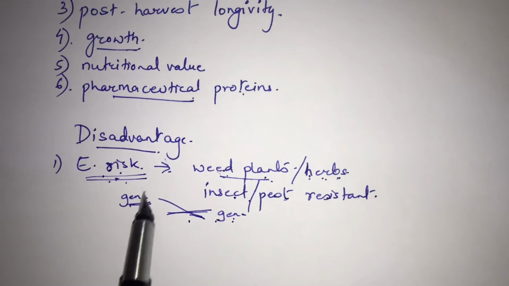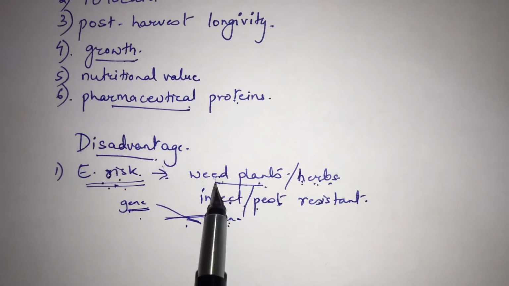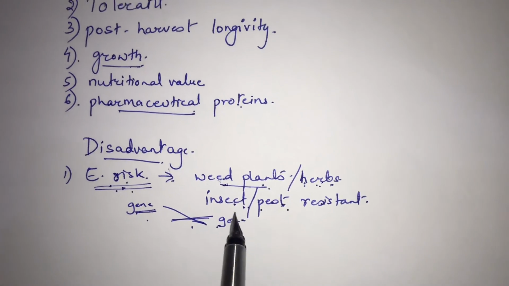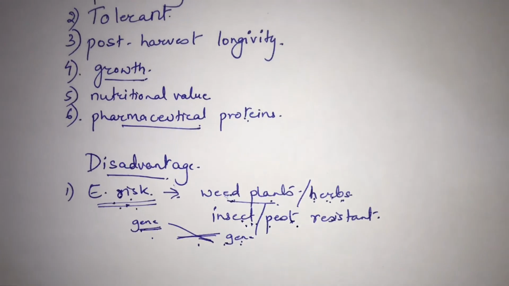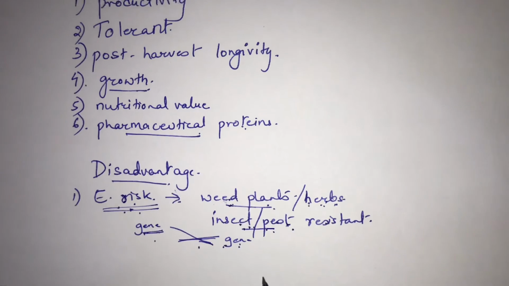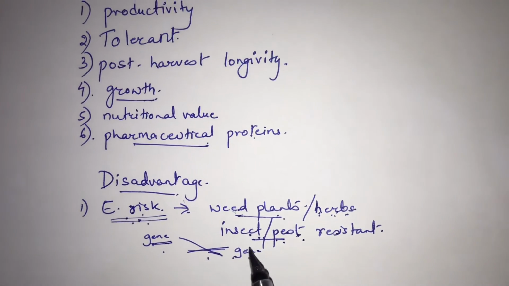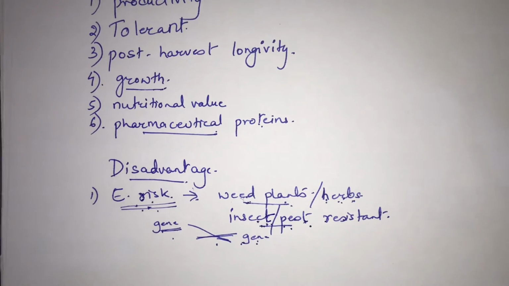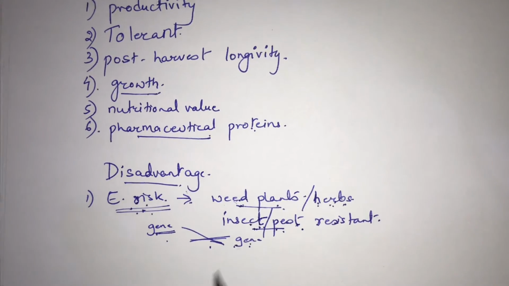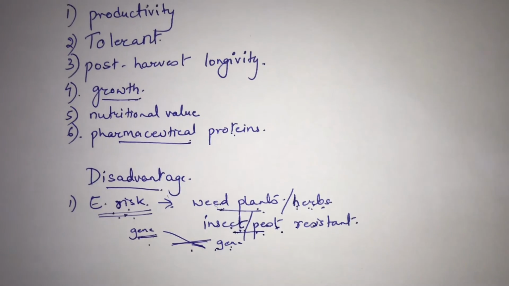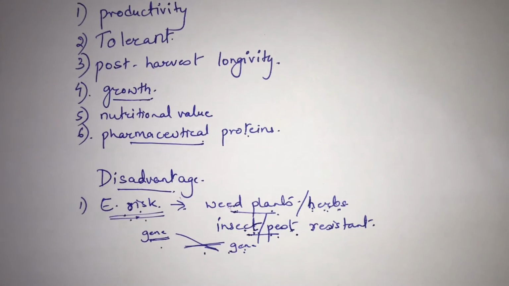If the gene which is resistant to herbs and weeds is transferred to the insect pest, then we cannot control these insects and pests, they will grow rapidly. The pathogenic organisms, insects which feed on that crop, will grow enormously. So that is the main drawback, it can crossbreed.